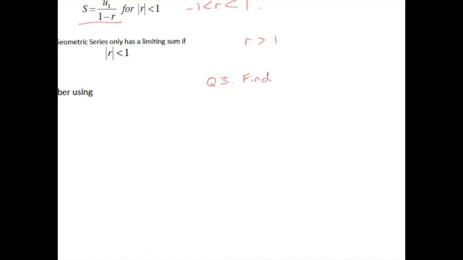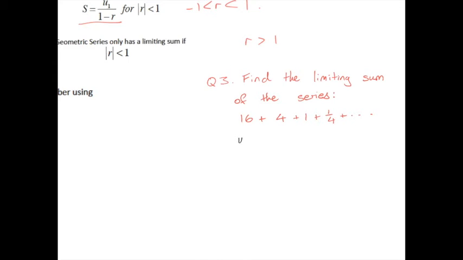Find the limiting sum of the series. I'm just going to make it up. 16 plus 4 plus 1 plus a quarter plus ... Tell me, what can you tell me from that information?